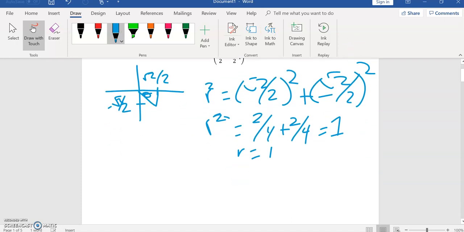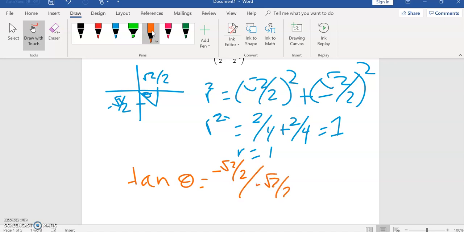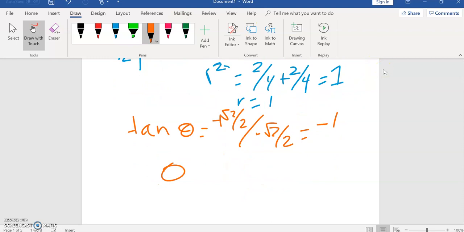Now I need to figure out theta. The tangent of theta is going to be the square root of 2 over 2 over negative the square root of 2 over 2, or, well, one of those is positive, so it's negative 1. You can put that in your calculator. You can know that theta is 315.